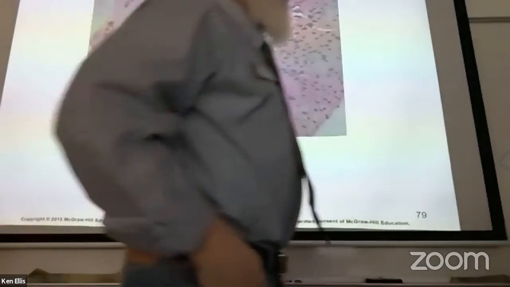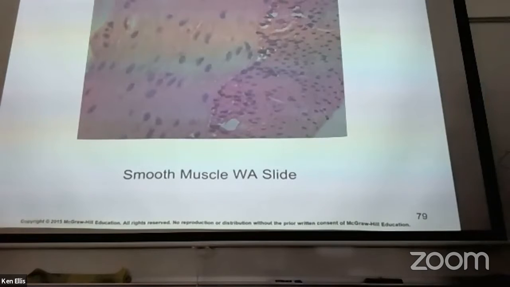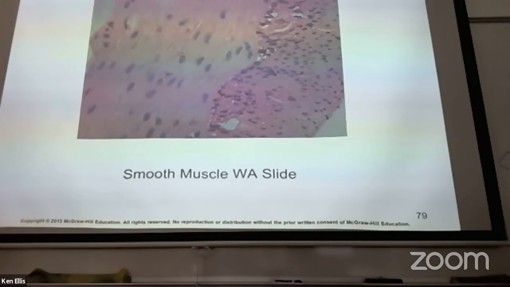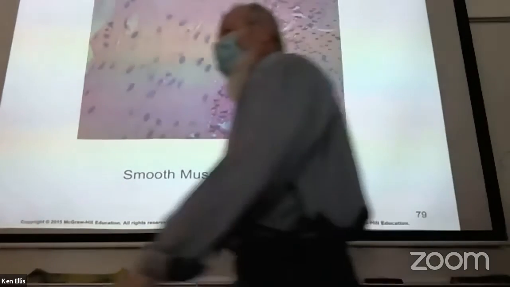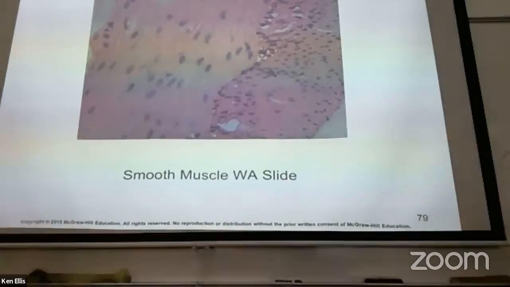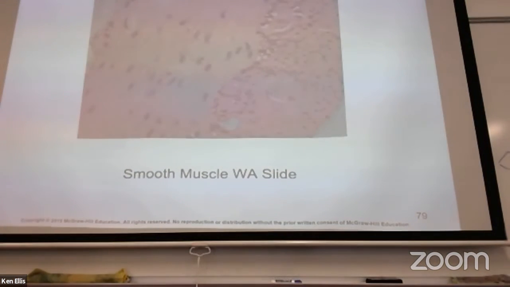But now here's what's going to be the rough part of this one. I'm not going to tell you where it is at all. There's all kinds of tissue on this slide. You find this. Go.